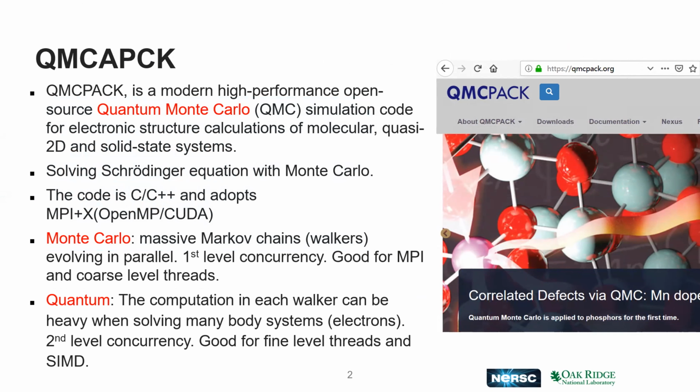And Monte Carlo, yes, the solving method is via Monte Carlo with sampling. The code is written in C and C++, using MPI plus X, like every other program nowadays. I still need to emphasize that Monte Carlo and quantum bring the concurrency in the code that is used for parallelism.